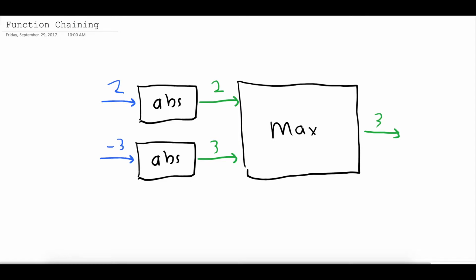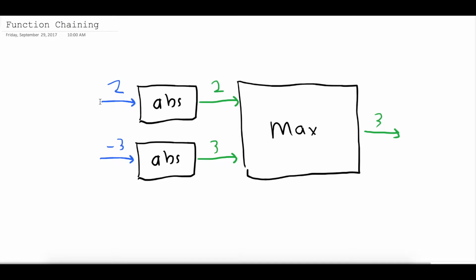Because -3 has an absolute value of 3, which is larger than 2's absolute value of just 2. So that's the concept of function chaining. It's basically taking your original input, or what you're working with, and feeding it through a series of steps or functions to eventually get the output you're looking for.